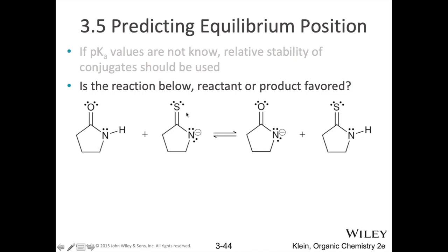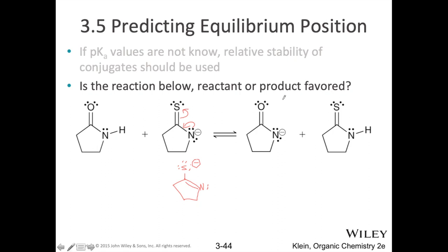Okay, so you can see that if we were to draw resonance structures here, we could have these electrons swing down here and these electrons swing up here, and you wind up having a resonance structure that looks like this. Okay, so the negative formal charge is on that sulfur, and you have that double bond to this nitrogen, which has one lone pair and is neutral. It's got 3 bonds and a lone pair, so that's neutral. That negative charge is therefore delocalized between the sulfur and the nitrogen.